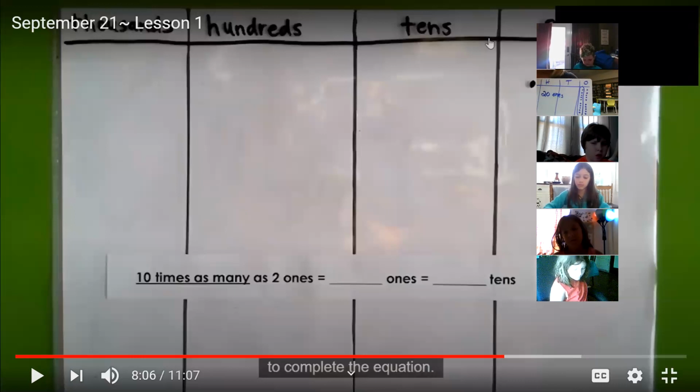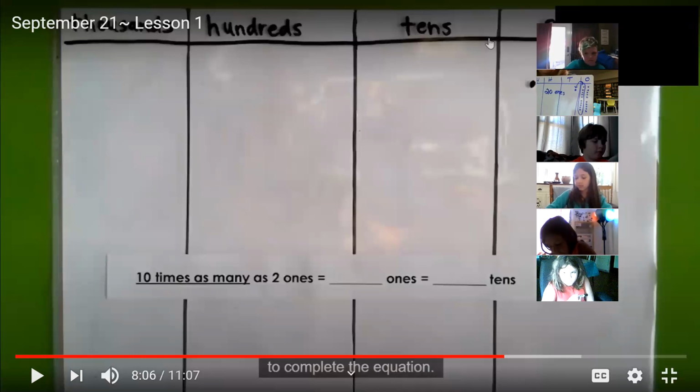Do you remember what she called it though when you're putting the circle around them? This is what we're going to call bundle them. So we're going to bundle those guys together, and then we're going to come over here and we're going to put 1 dot in the tens column because these 10 ones are now giving us 1 ten. Can I make any more tens?